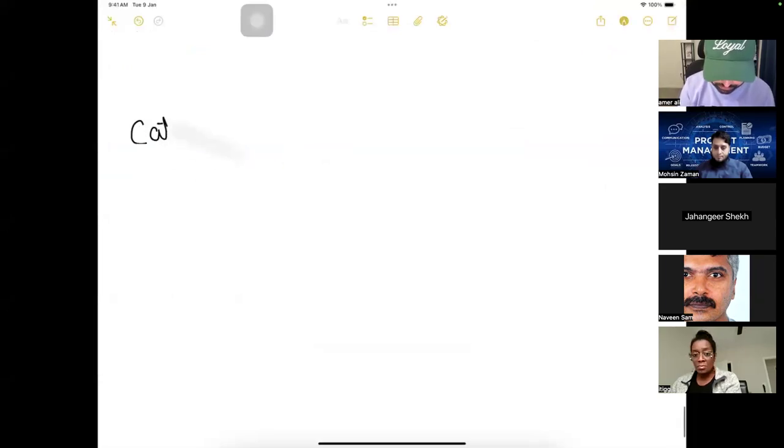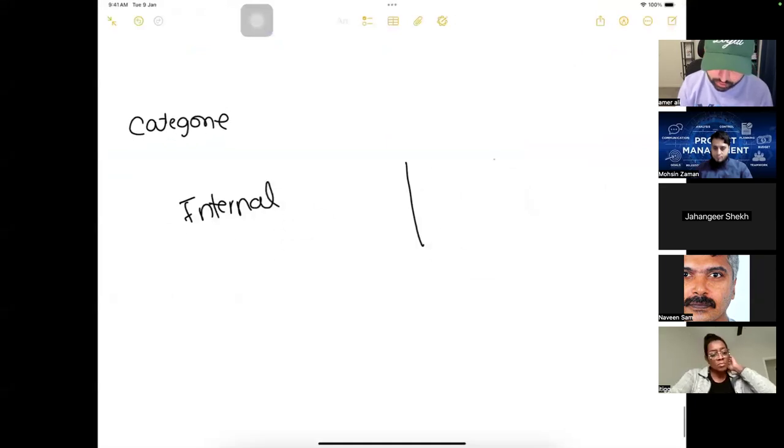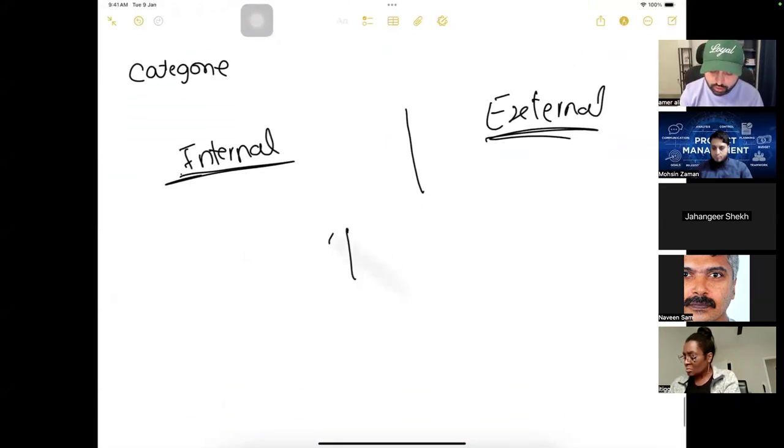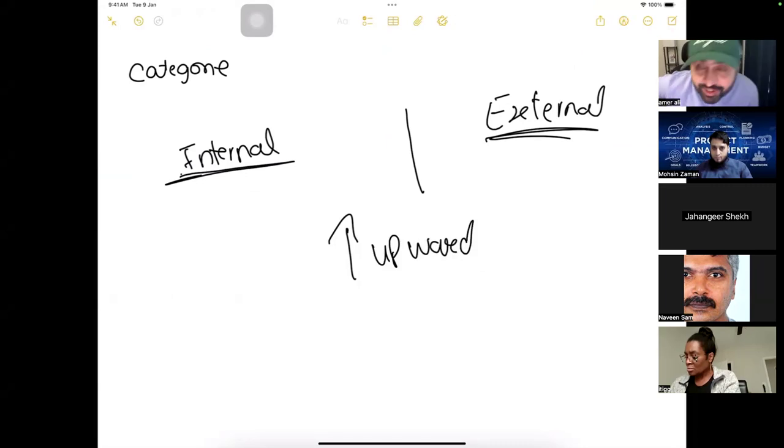First, who are my internal stakeholders and who are external stakeholders? Internal, external stakeholders, right? Then I categorize further. Who are my upward stakeholders, which means I am reporting to them?